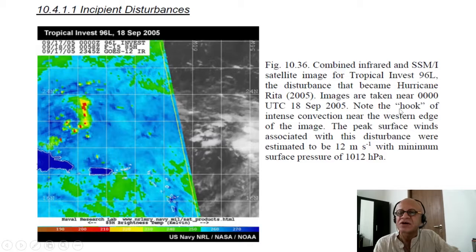Images are taken near 00 UTC 18 September 2005. Note the hook of the intense convection near the western edge of the image. The peak surface winds associated with the disturbance were estimated to be 12 meters per second with minimum surface pressure of 1012 hPa. So there is a low pressure around which the disturbance is organizing convection.